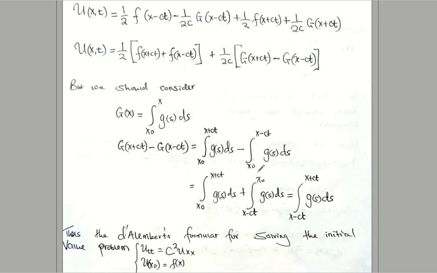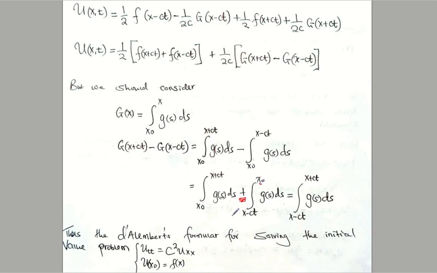But there's a trick here. Since we are subtracting the integral from x naught to x minus ct, we can change this subtraction sign to an addition and invert the limits, so it is a plus, starting from x minus ct up to x naught.